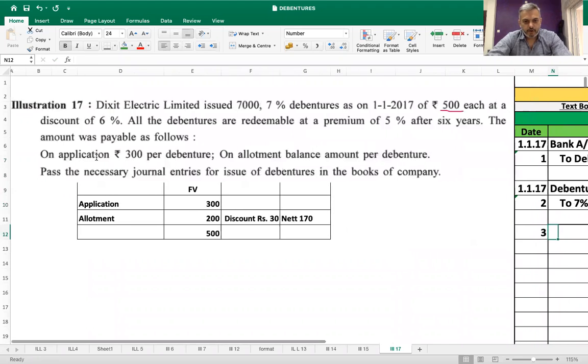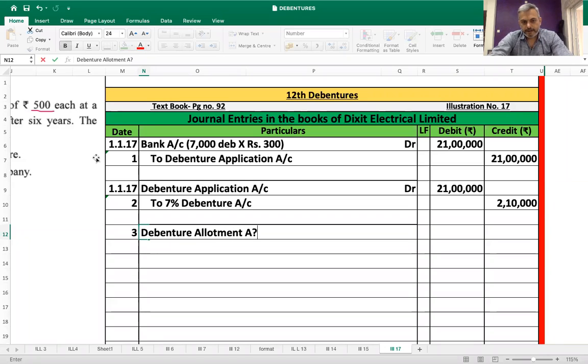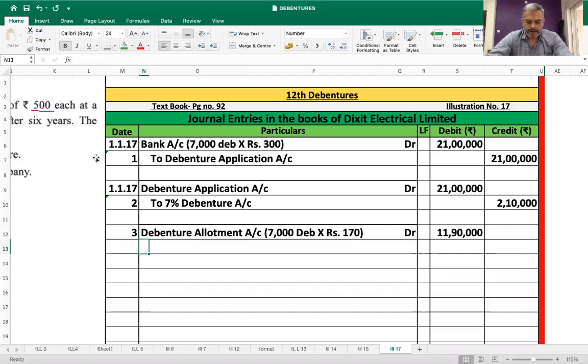Now we are calling the allotment amount. So debenture allotment account, very important entry. Now 7,000 debentures into rupees 170 is what we are calling. So 7,000 into 170, 11 lakh 90,000.